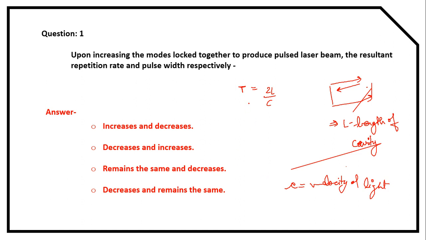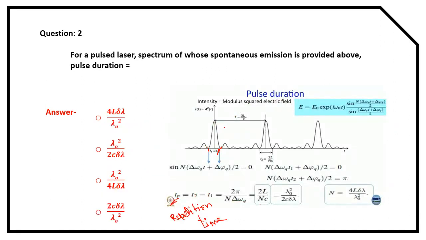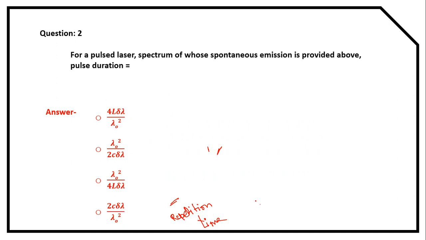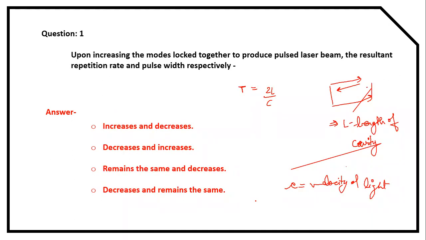In the next slide what we got to know is that Tp has a relation, and the relation is 2L upon NC. So Tp is equal to 2L upon NC. Here the new factor that comes into play is N, which is the number of modes. Number of modes in what?